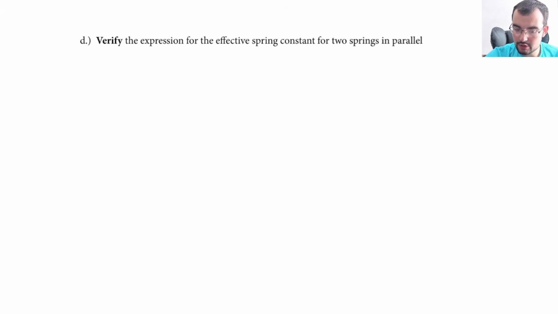All right, let's verify the rule for the effective spring constant for two springs in parallel. To do this, we use what's called the total Hooke's law equation. So the total force exerted by the springs on the mass is equal to the equivalent spring constant times the total linear extension of the spring.